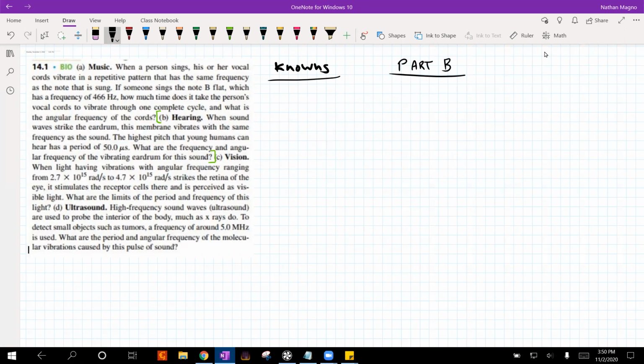Yep, exactly. So knowns, we have the period is 50.0 microseconds or 50 times 10 to the negative 6 seconds. And with our definition of period, what we want to do is isolate this.